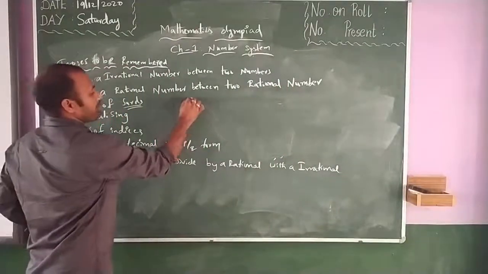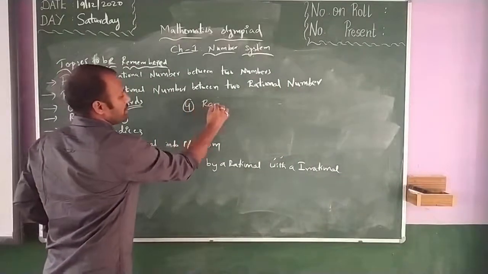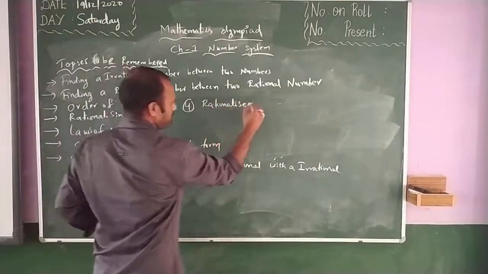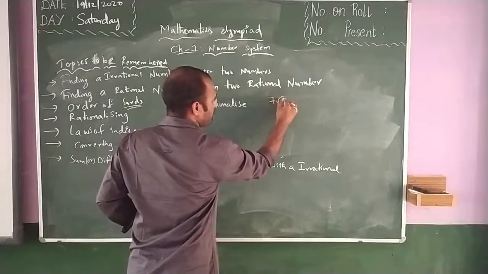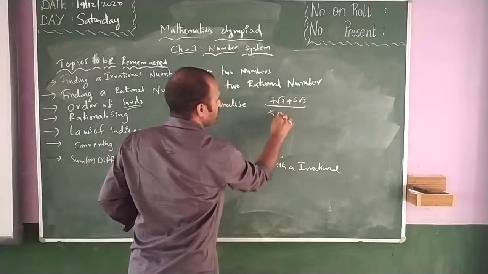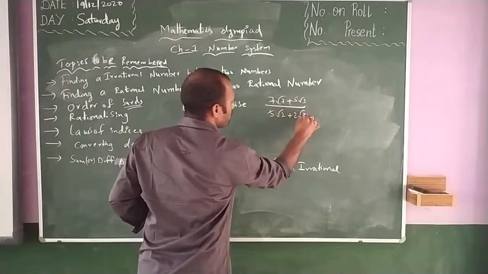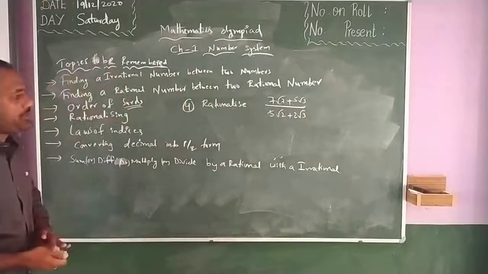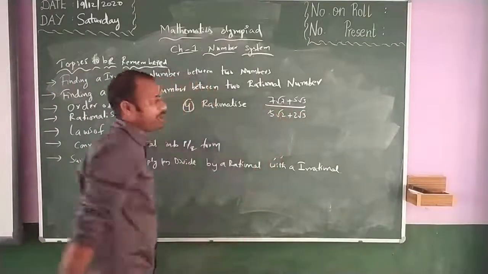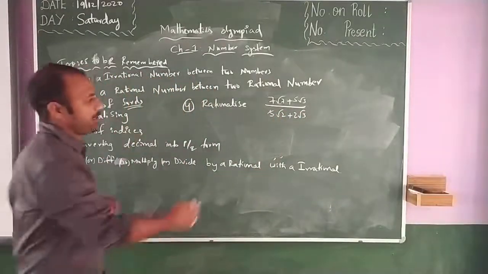So in the fourth concept, rationalizing, let us take a question: rationalize (7 root 7 plus 5 root 3) by (5 root 2 plus 2 root 3). Rationalize means we have to make our denominator free of root numbers.